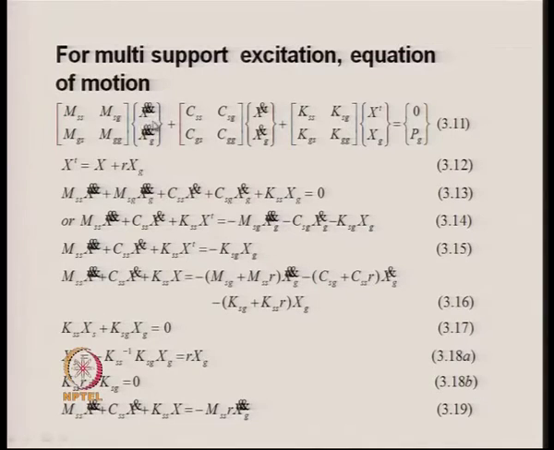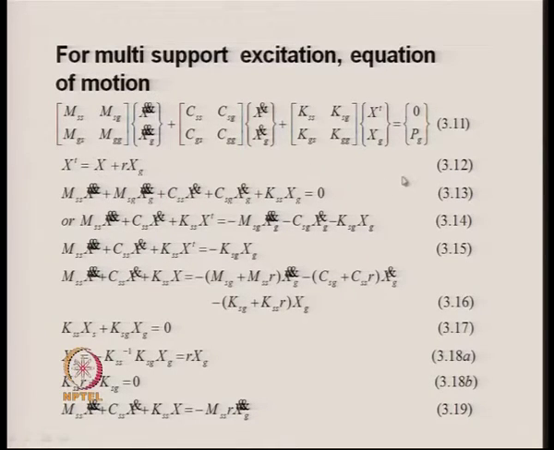These will be x double dot T and this is x double dot G. X double dot G are the ground accelerations at the supports, whereas x double dot T is the total acceleration at the non-support degrees of freedom.